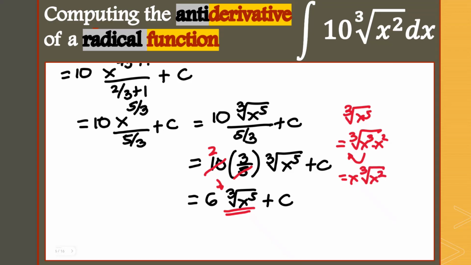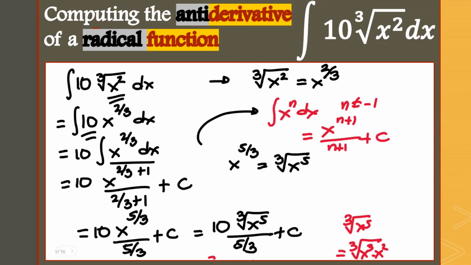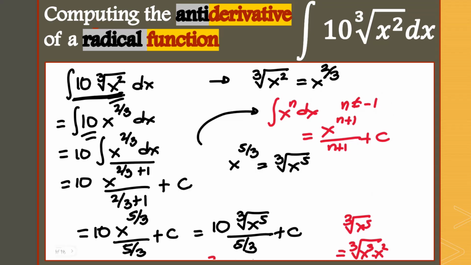So our final answer is 6x cube root of x squared plus c, since we have learned all those processes of simplifying radical expressions. This is the antiderivative of the given radical expression. If you're not convinced with this, of course, you can always try to differentiate it, and hopefully you will arrive at the same original form to verify whether our answer is correct.